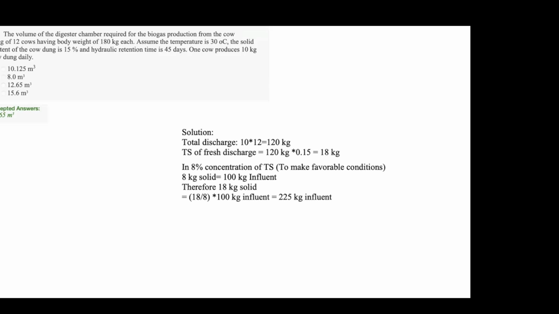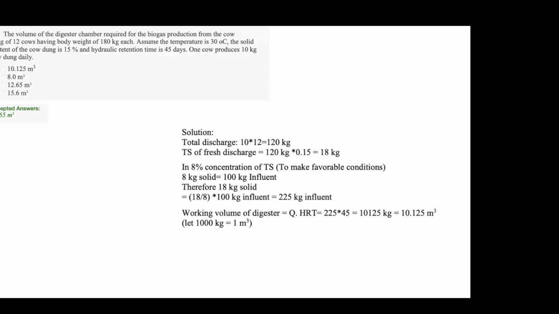So how can we do this? We can take the 8% concentration for the 18 kg of solid, which comes to around 225 kg of influent.